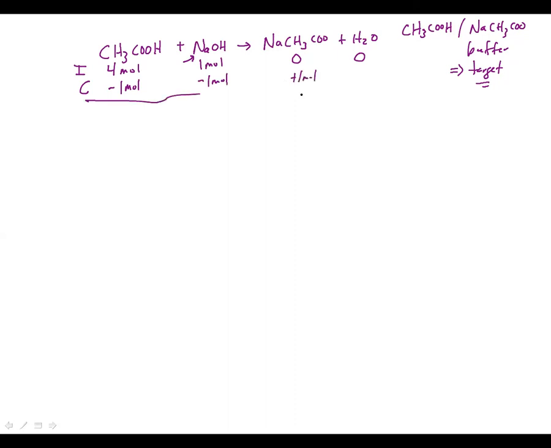And what will happen is after that reaction is over, you'll be left with 3 moles of your acetic acid, none of your sodium hydroxide, and 1 mole of your sodium acetate, which obviously you could convert into molarity. Not necessarily important at this point. But the idea here is we started with only acetic acid.